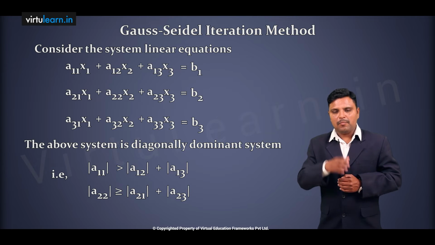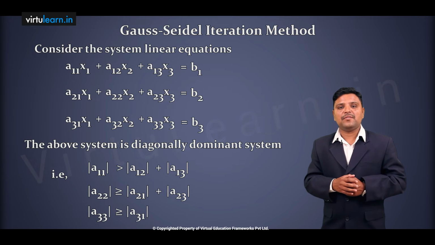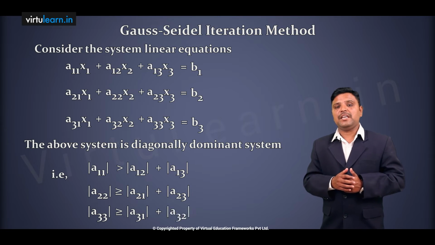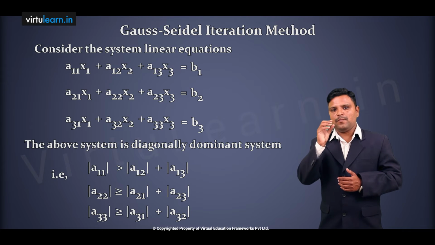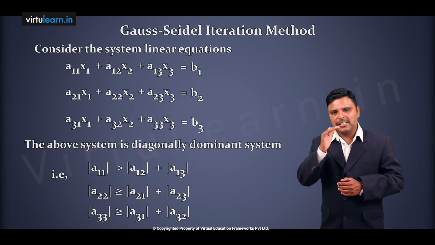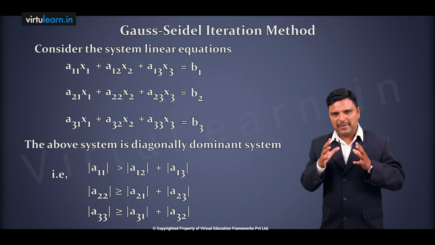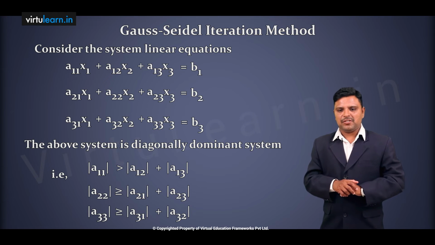Another one, modulus of a33 is greater than or equal to modulus of a31 plus modulus of a32. Like this, if one coefficient is larger than the other coefficients in each and every equation, then that system is nothing but a diagonally dominant system.